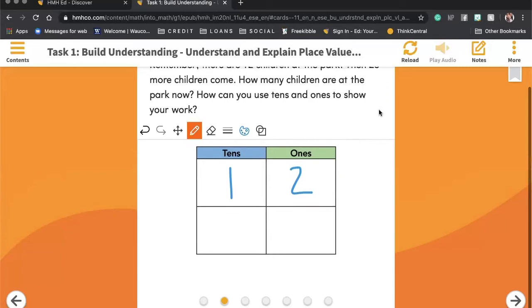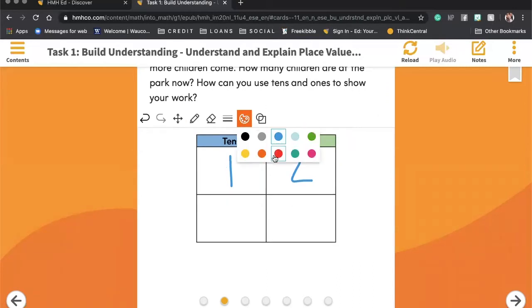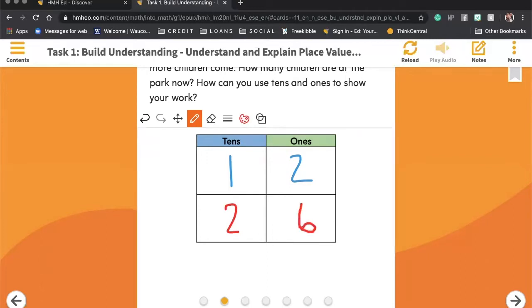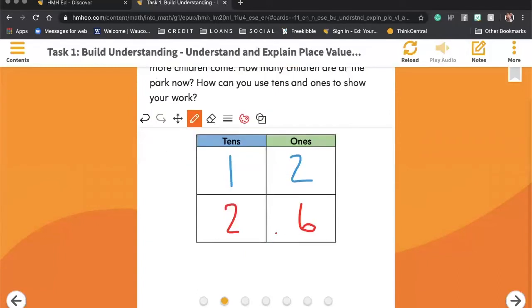Then 26 more children come. 2 tens and 6 ones make 26. How can you use tens and ones to show your work? So I chose to just use the numbers. You can always draw a picture to help you out.